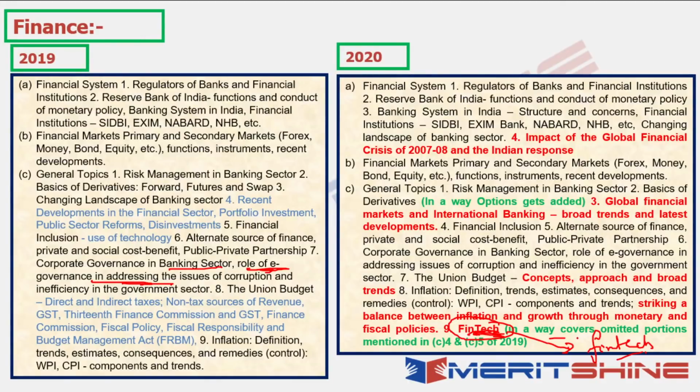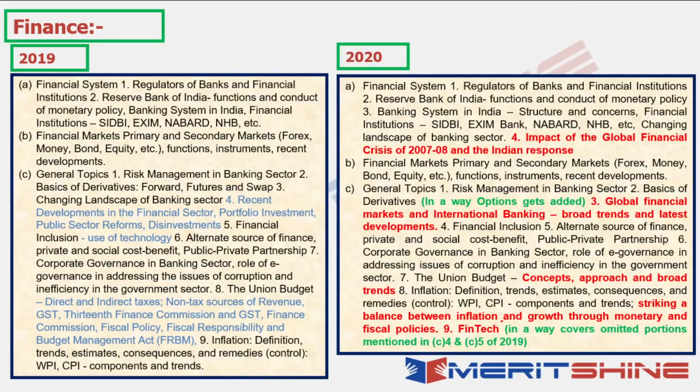As in a way, obviously it covers the omitted portions of these two also. Now recent developments in the financial sector, a lot of them are tech developments, and use of technology, again tech developments. So you were doing them under these headings, now you would be doing them under this heading, fintech. Okay, right?